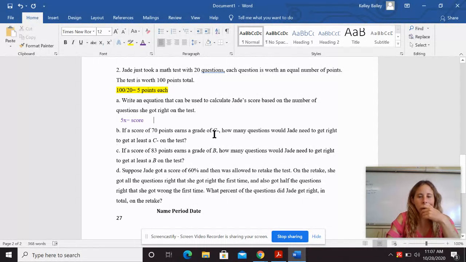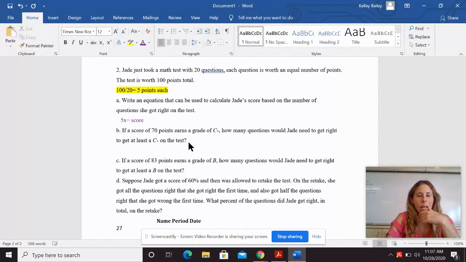All right, moving on. If a score of 70 points earns a grade of C minus, how many questions would Jade need to get right to get at least a C minus on the test? Well, 5x. You have to get at least a C minus on the test.